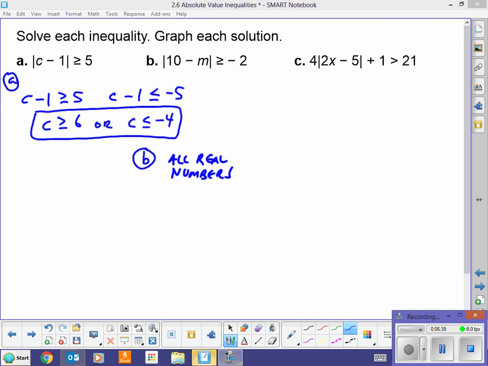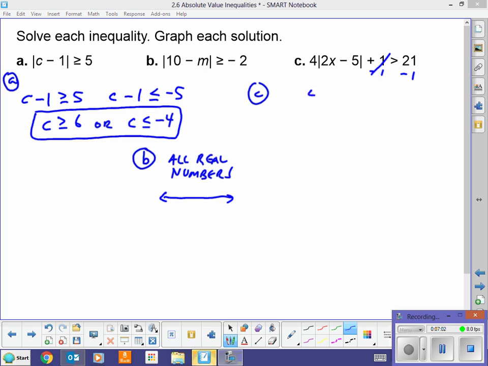Yes, and on the number line, it'll actually take the whole thing up. C. Now, C looks like it has a couple things going for it here. First thing I want to do is isolate the absolute value statement. So I'm trying to isolate this part here. I'm going to subtract 1 from both sides first.